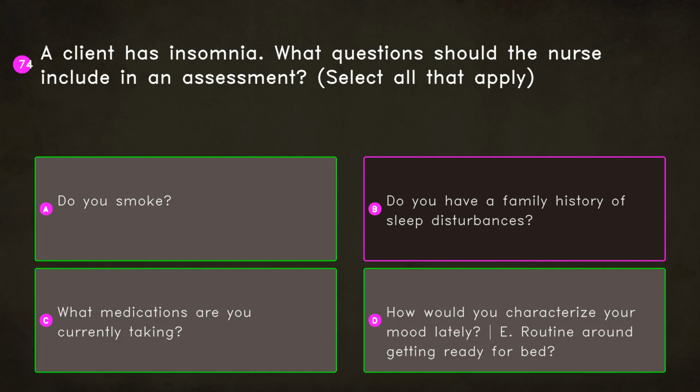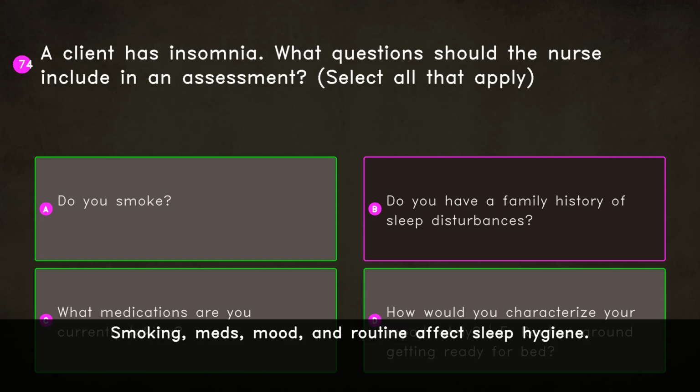The correct answer is do you smoke, what medications are you currently taking, how would you characterize your mood lately, and routine around getting ready for bed. Smoking, meds, mood, and routine affect sleep hygiene.